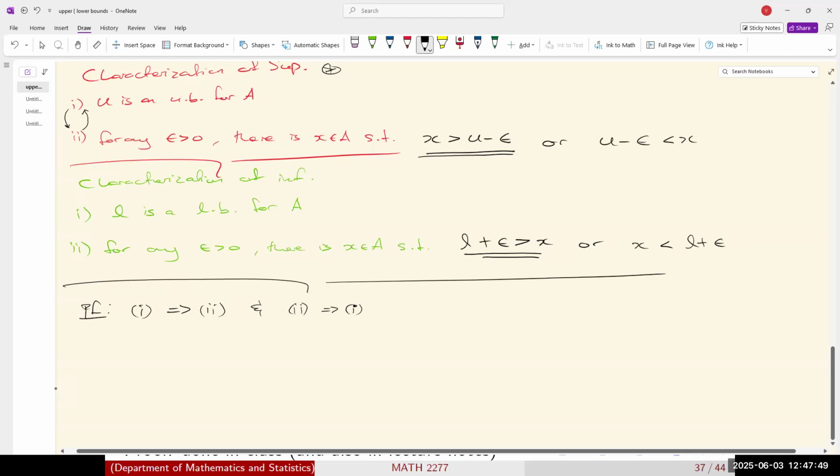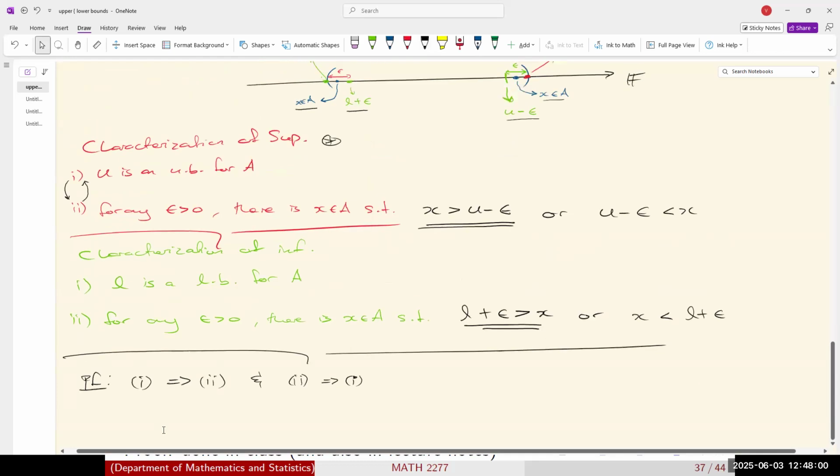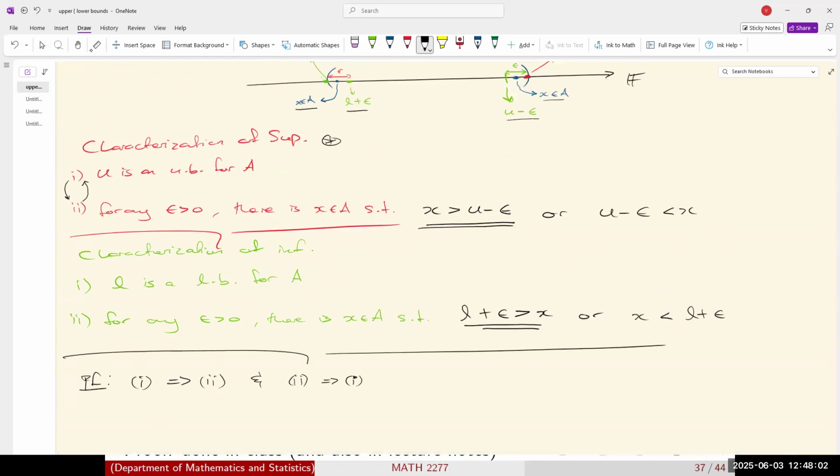So we're going to prove this one implies two. So what is one? Never mind. Sorry, I wrote it poorly. These two conditions should be one. Characterization of supremum says that, maybe it should read this.